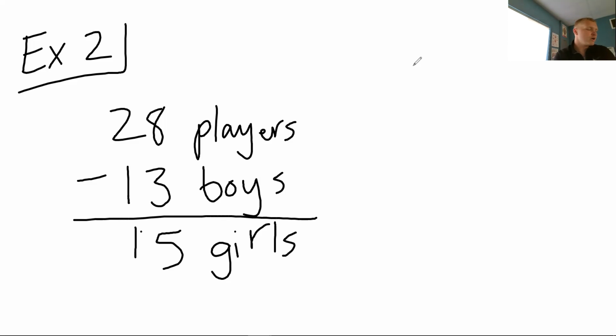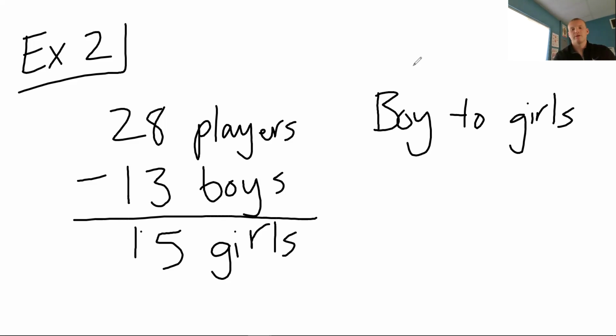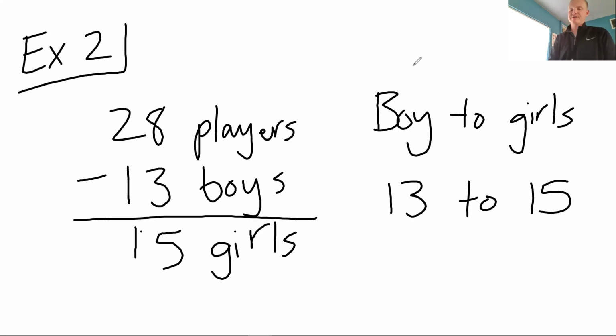And it wants to know what is the ratio of boys to girls. So, Grace, what would be the boy to girl ratio? Yeah, it would be 13. Yeah, so it would be 13 to 15, but we knew what you meant.